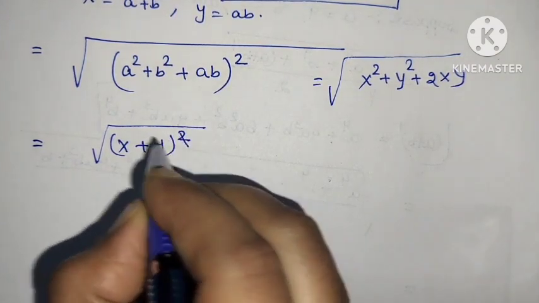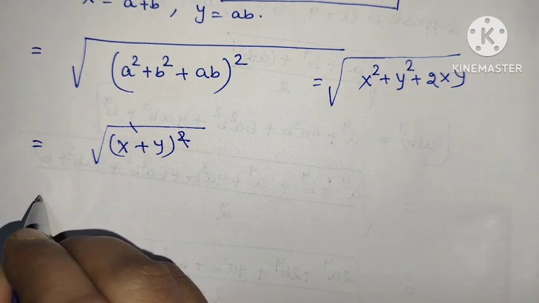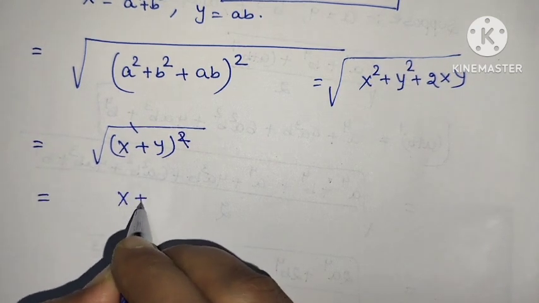Then this square and square root cancel, it is equal to X plus Y.